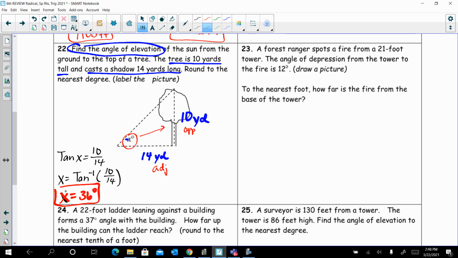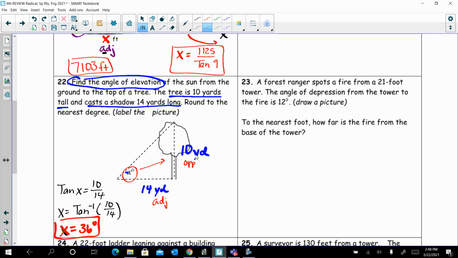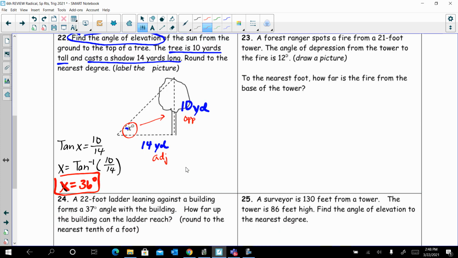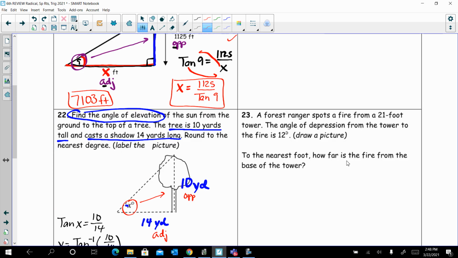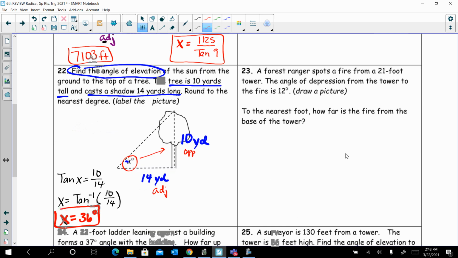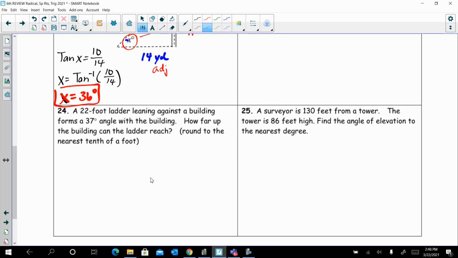So you go from a labeled picture to a partially labeled picture. All right, so then to no picture. So here's the key: all of the ones where there are no pictures given, like 21, 23, 24, okay? And we'll do another one because I don't think there's a picture on the back either.